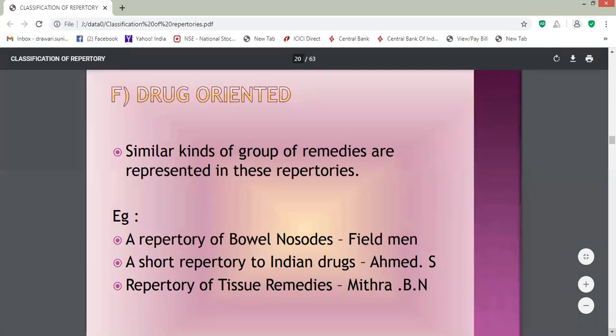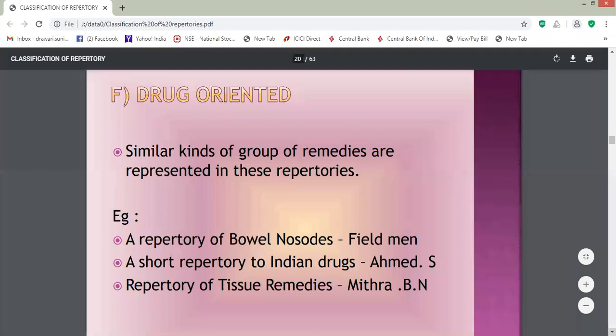Then drug oriented repertory. A similar kind of group of remedies is represented in these repertories, and the example is the repertory of nosodes, which was constructed by Fieldman.